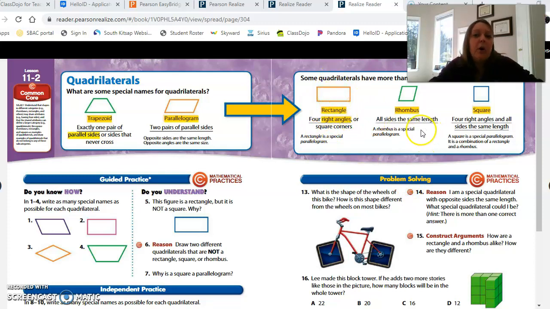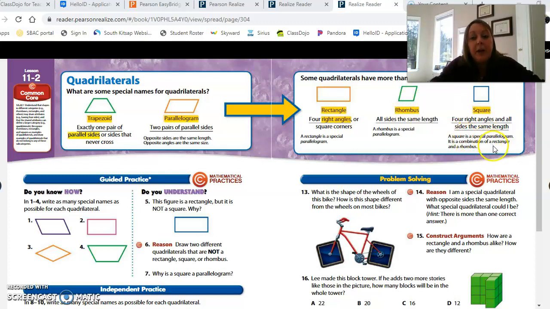A rhombus, all sides are the same length, but if you notice, a rhombus does not have square corners. It does not have right angles or 90-degree angle corners. They are almost a little bit slanted, I like to say. However, the opposite sides are still parallel and all of these sides are the same length. Now, a square is a very, very special quadrilateral.